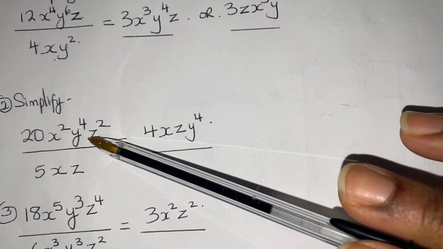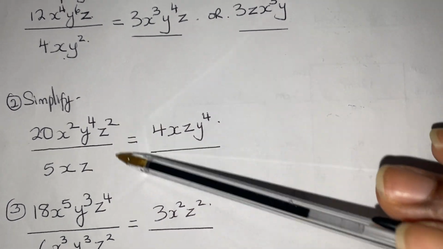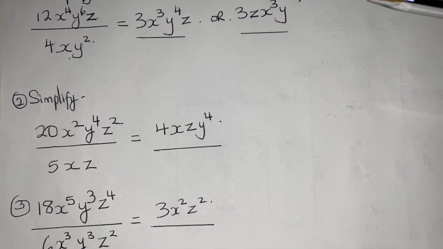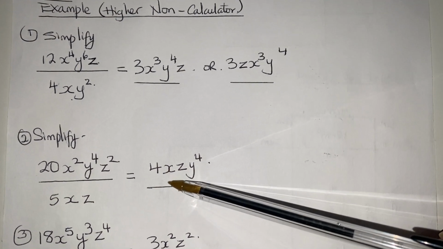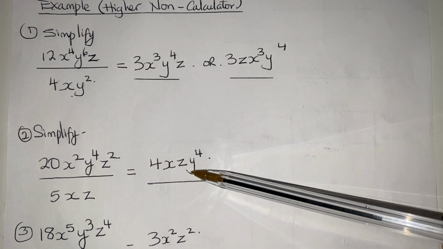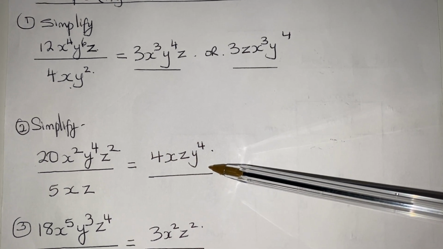And then y to the power 4, because there's nothing dividing for a y. So your answer becomes 4xz y to the power 4.